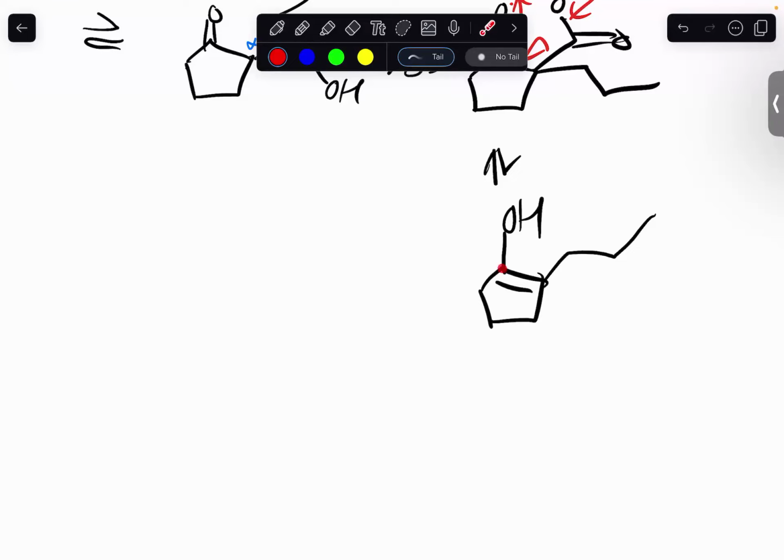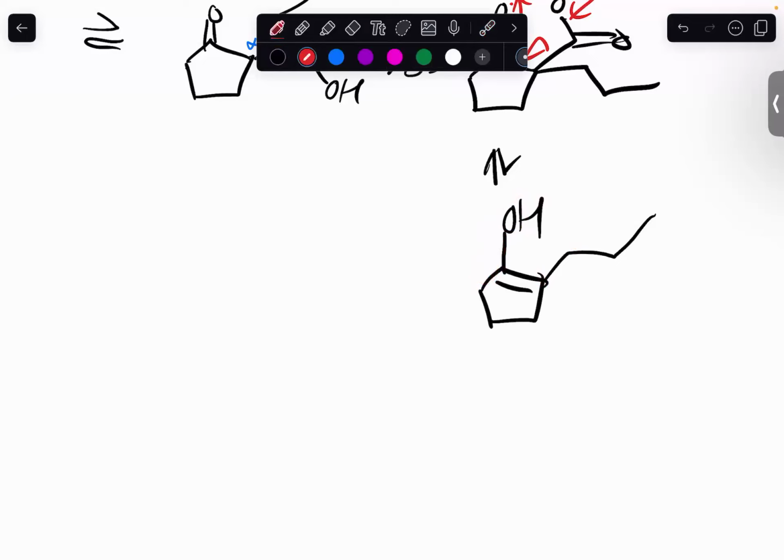Is that the one on the right because it's more substituted? Yeah, the one on the right is more substituted, there are more carbons around it, but the one on the left has two carbons around it and an oxygen next to it. The oxygen next to it has lone pairs that make it more stable, because the positive charge here is able to be stabilized by resonance by the oxygen.